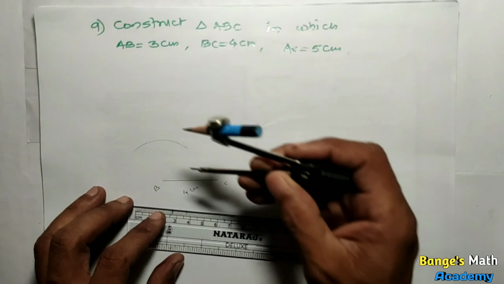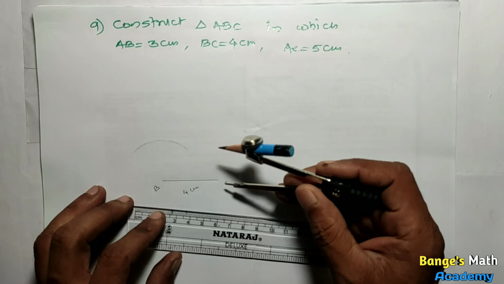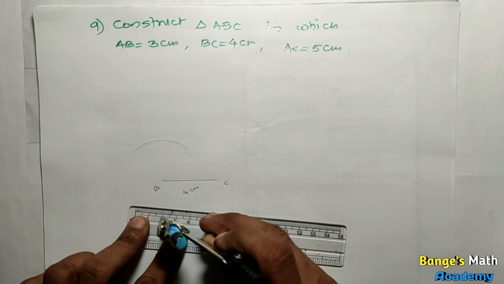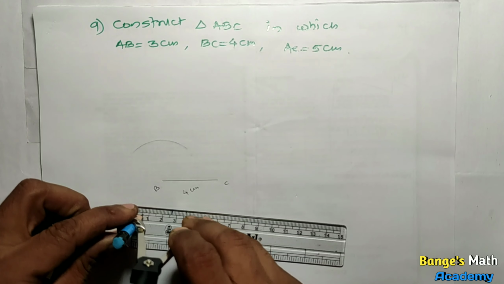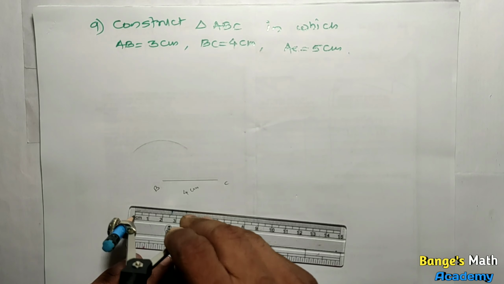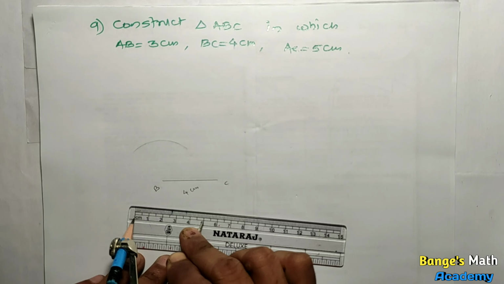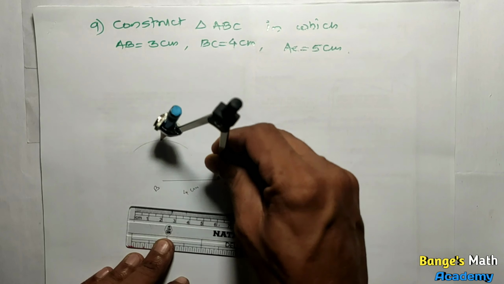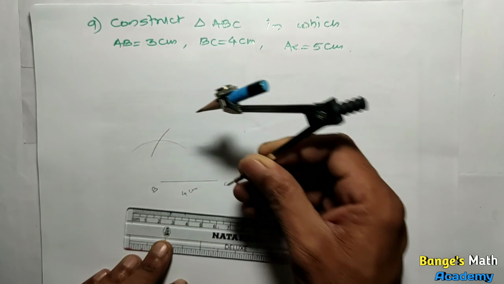Then the distance AC is given as 5 cm. Take 5 cm distance in your compass and put still point on point C and draw an intersecting arc to this arc.